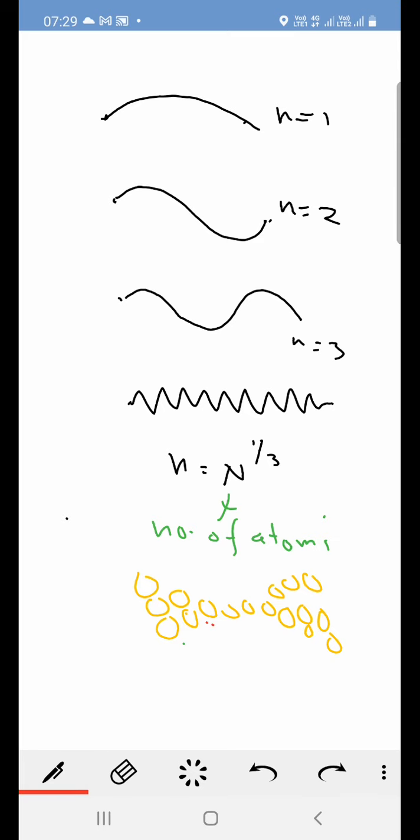It also depends on the number of atoms, because En is equal to hcs by 2L into n square. This we already found out. So the number of atoms is very important in the nanowire and the nanowire junctions formed.